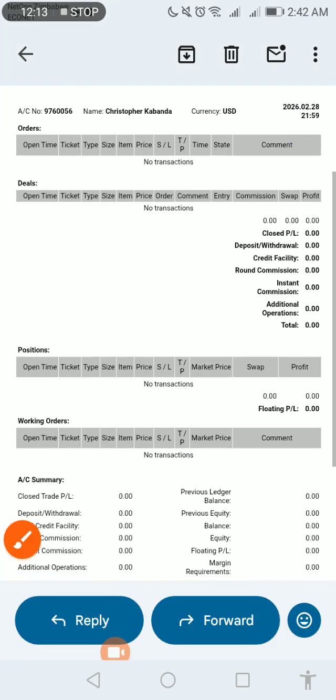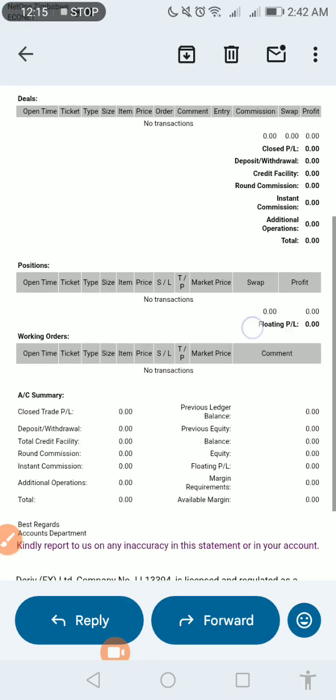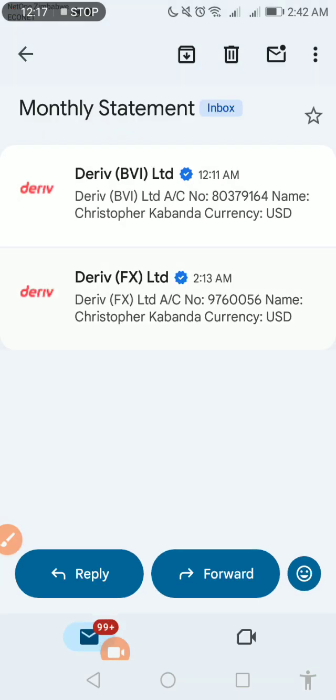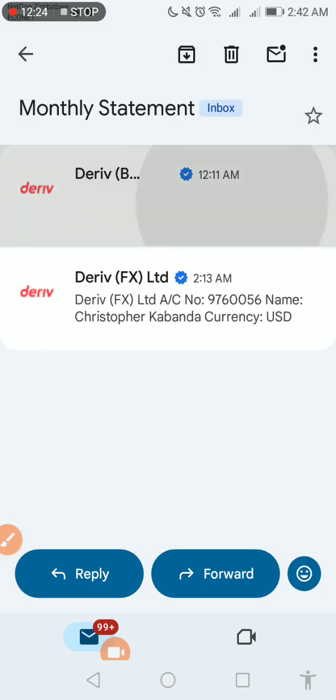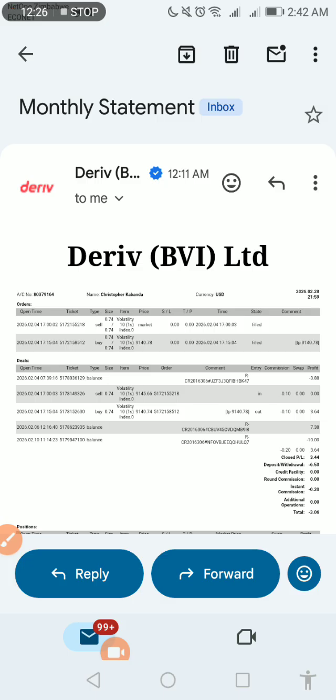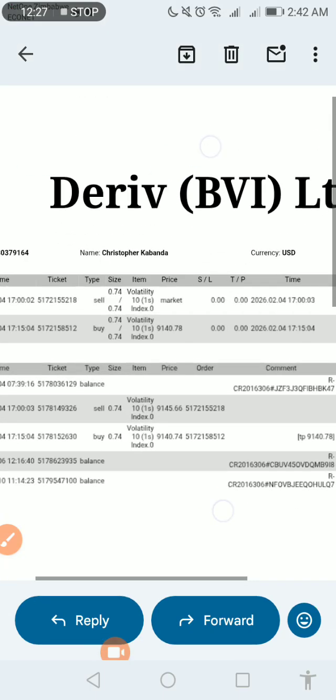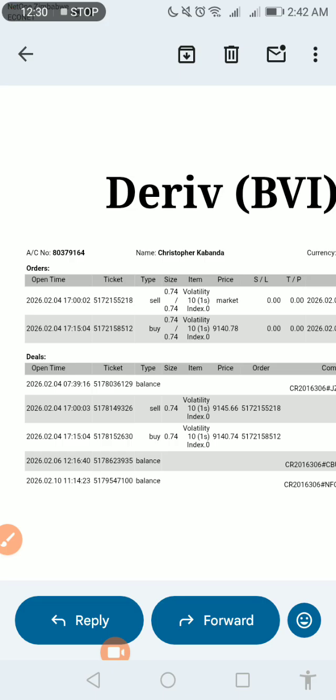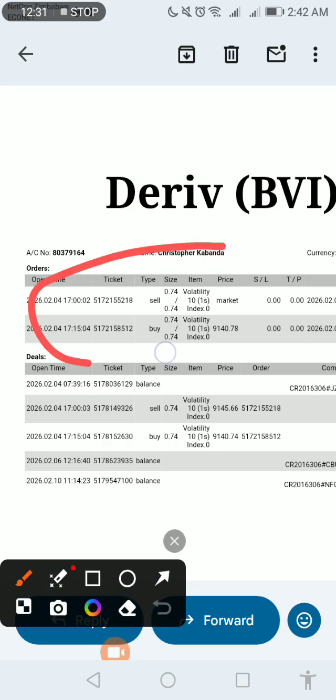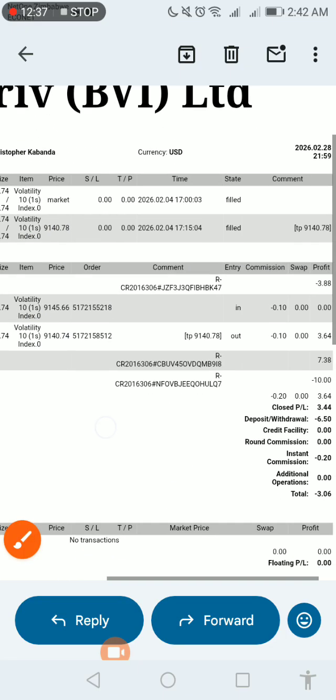There's no trade, no positions there. And remember, the DerivVU-Server account doesn't give broker statements. Its regulation is too weak. It only regulates the basic overall operations of the company, but not the actual trading. So here it's only one trade in the BVI FSC account, just showing the opening and closing. Yes, 2 entries.